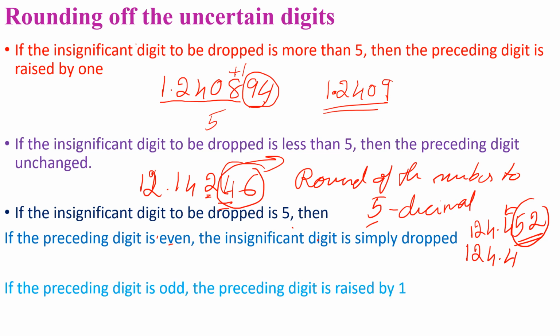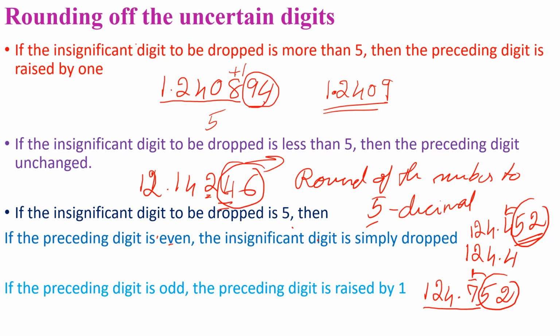Now next, if the preceding digit is odd, I will give you one more example. Say for example 124.752. This is the number. Now you have to adjust it to this many decimal places only. So the digits to be dropped are 5 and 2. Just before the 5 is 7. Whether 7 is even or odd, it is odd.